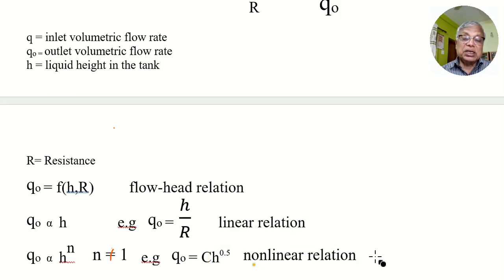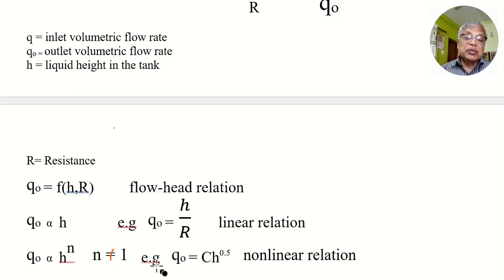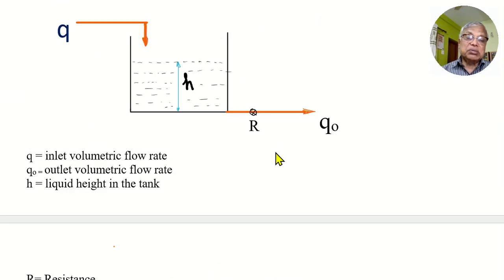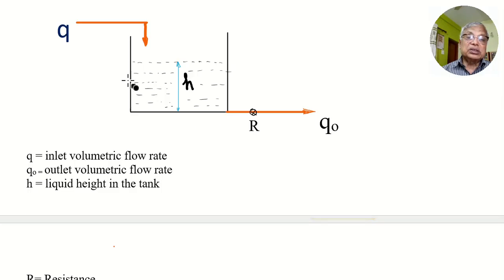Under approximate conditions, we have to approximate this non-linear relation into a linear relation. Only then can the transfer function be derived. Transfer function can be derived only for linear relations. So if you have a non-linear relation, first it has to be linearized and brought to this form, and then we can derive the transfer function relating Q and H and also relating Q and Q0.